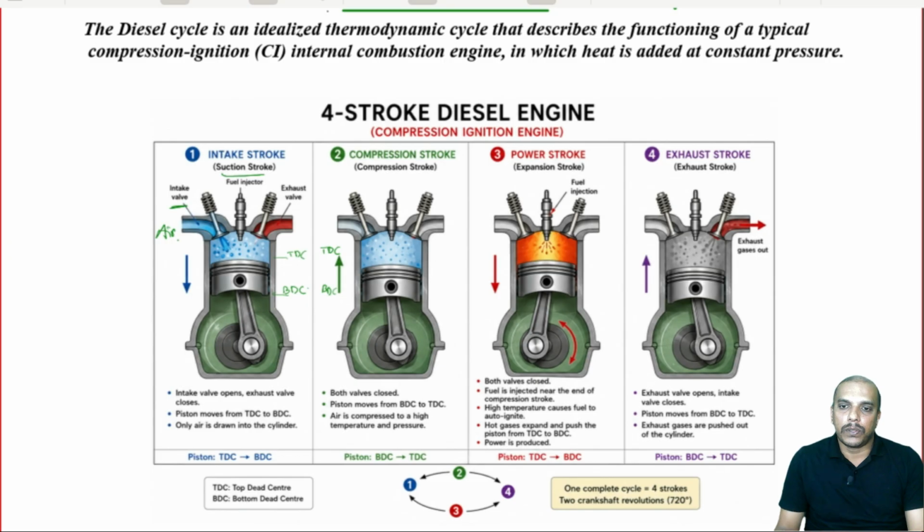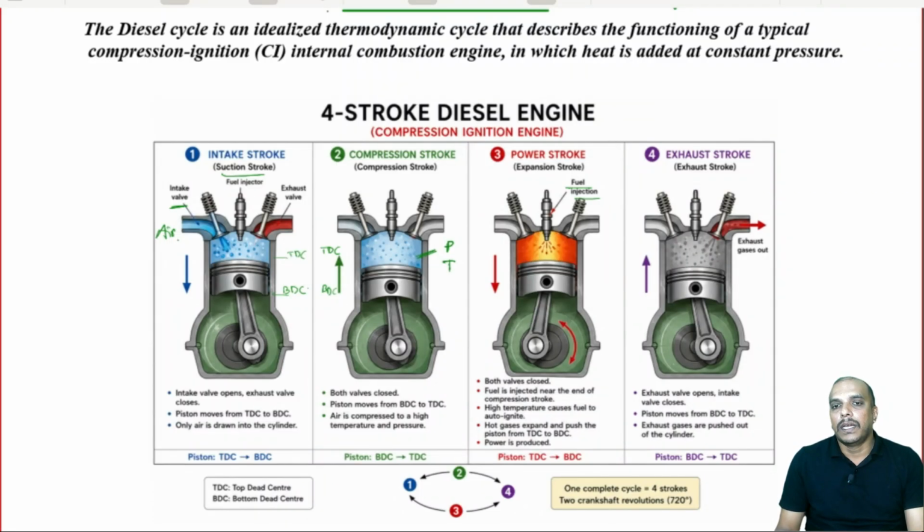Now, during the power stroke, what happens is that there will be a fuel supply. There is one more difference between a petrol and a diesel engine: there will be a fuel injector and there is no spark plug here. Now, why do we have a fuel injector? At the end of this compression stroke itself, the pressure and temperature of the air is so high that the moment we introduce the fuel into this combustion chamber, it auto ignites.